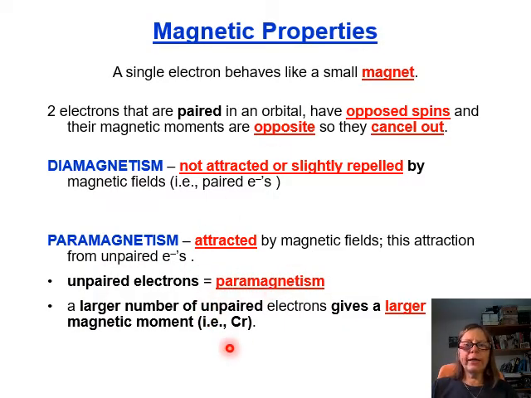Therefore, they have a net magnetic moment that is the sum of all the small magnetic moments generated by each unpaired electron. So a larger number of unpaired electrons will generate a larger magnetic moment. These elements will be attracted by magnetic fields.